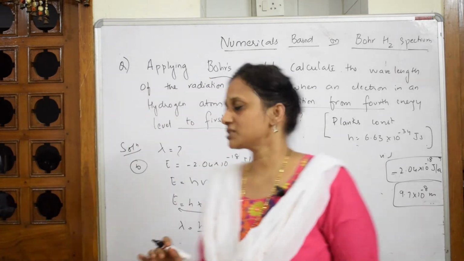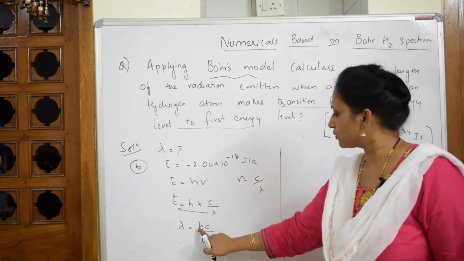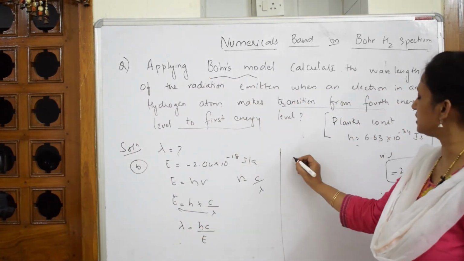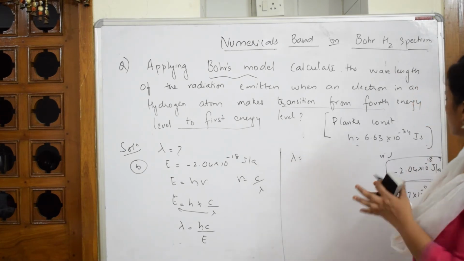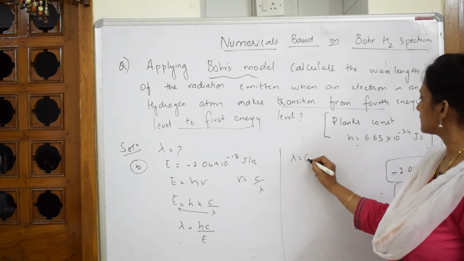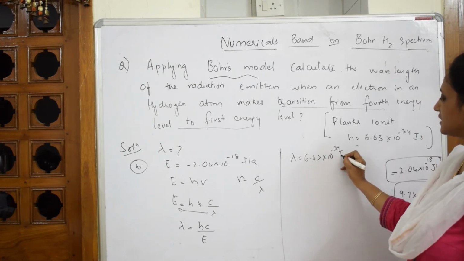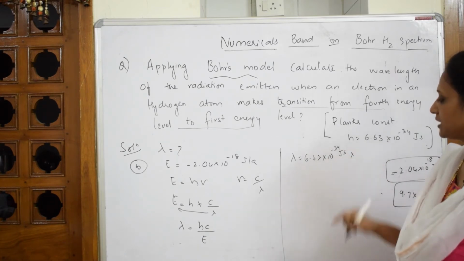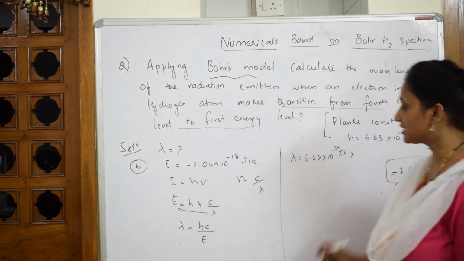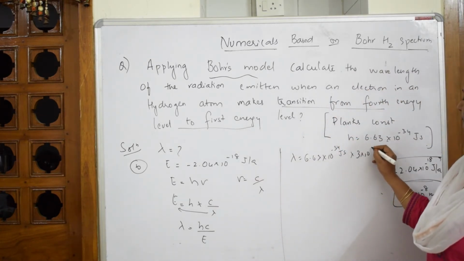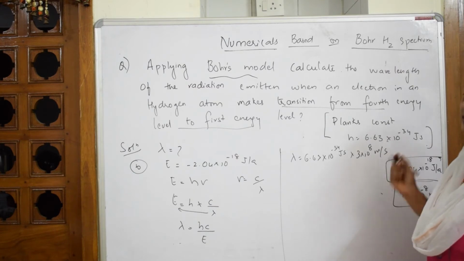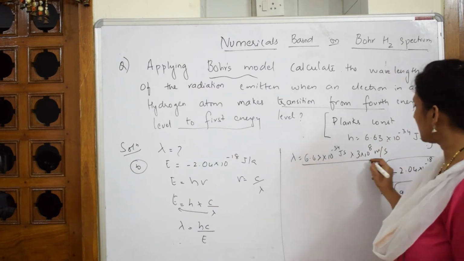Simple, isn't it? Now start substituting. What do I know? Planck's constant is already given to me. Lambda is equal to 6.63 into 10 raised to the power of minus 34 joule second, into c, the velocity of light, that is 3 into 10 raised to the power of 8 meters per second, divided by ΔE.